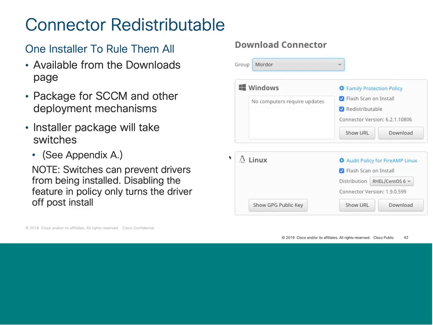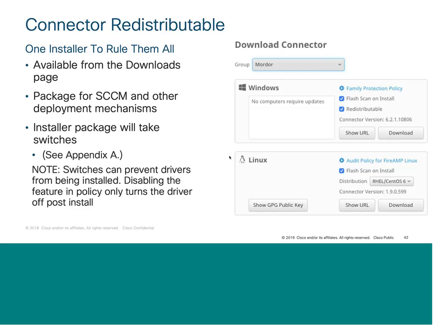If you do not, your package will be very small to download, which looks nice, but when you run that package, that connector is going to reach out to the AMP cloud and download the rest of its data, which is 30 to 40 megabytes per endpoint. It is not recommended that you deploy using any primary deployment mechanism without enabling the redistributable and downloading the entire install package at one time.